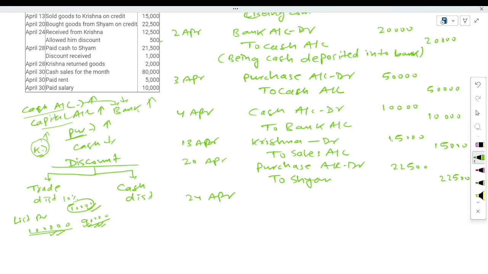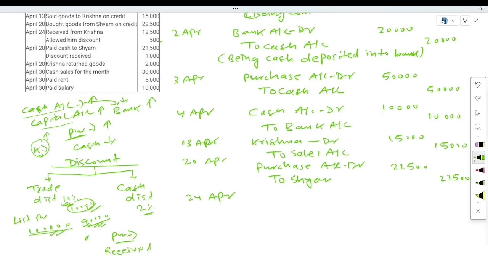But if in the question it is mentioned that it is providing 10% trade discount and 2% cash discount also. Suppose you are purchasing, when we are purchasing material and getting discount, it means we will receive this amount of discount.